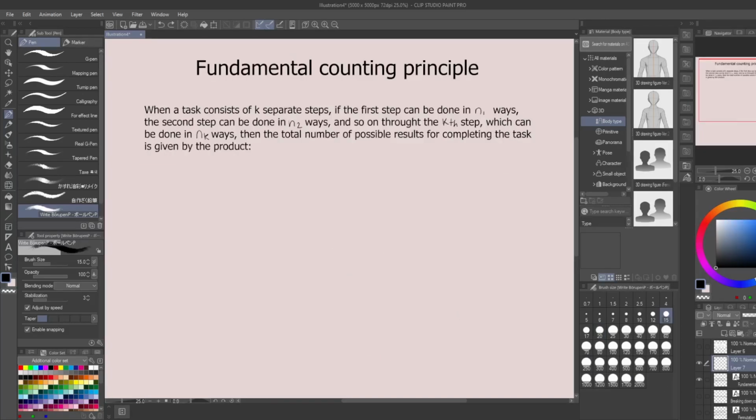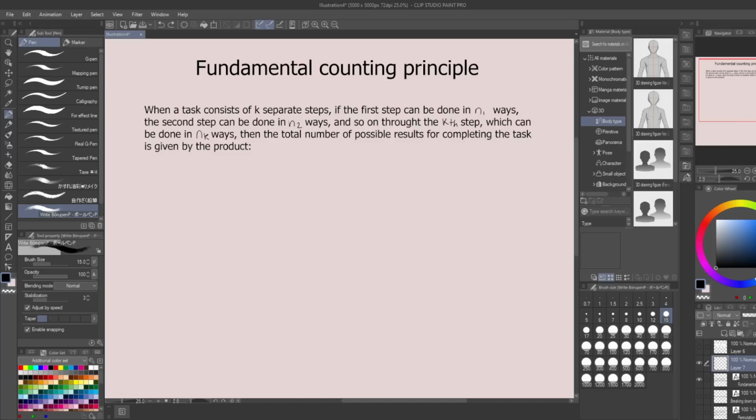Okay, so before I present a way to solve complex problems, we first need to go over the fundamental counting principle.